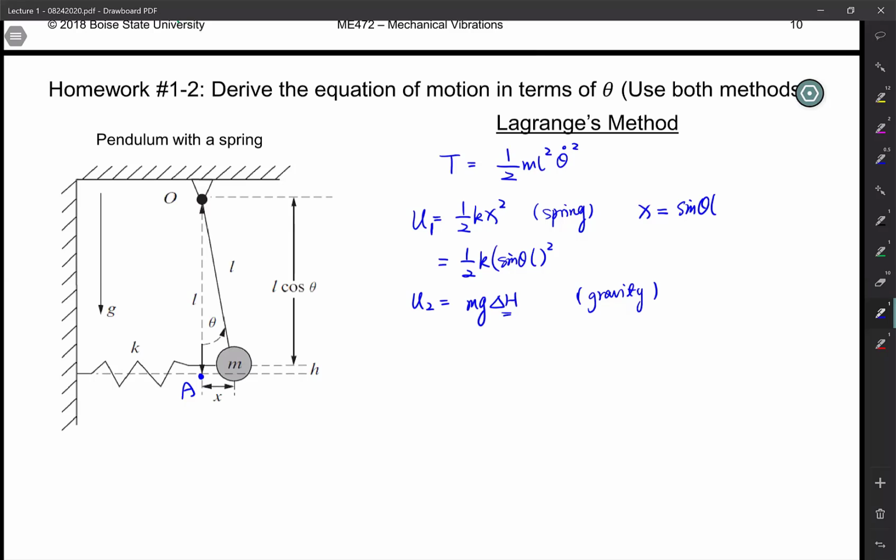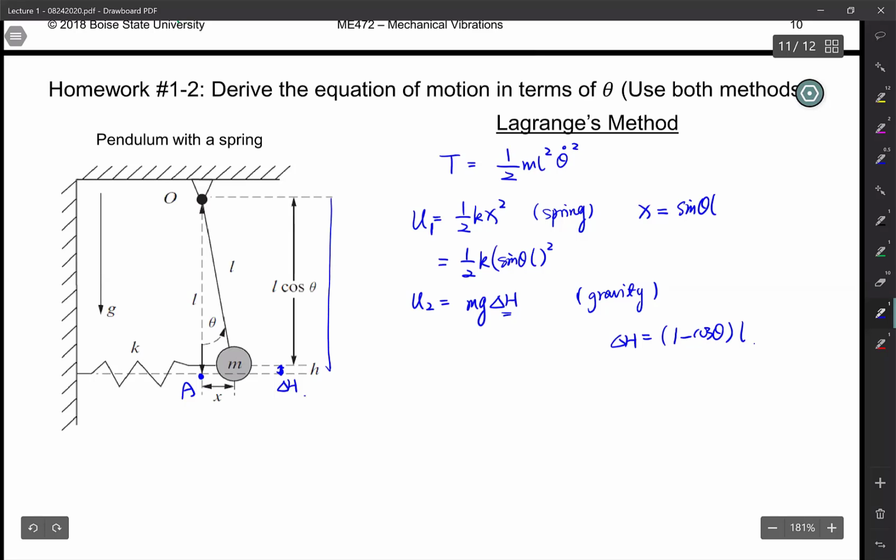And then your delta h will be 1 minus cosine theta times L. So basically, this narrow displacement is your delta h. Because we know the total length is L, and then what's left behind is L times cosine theta.